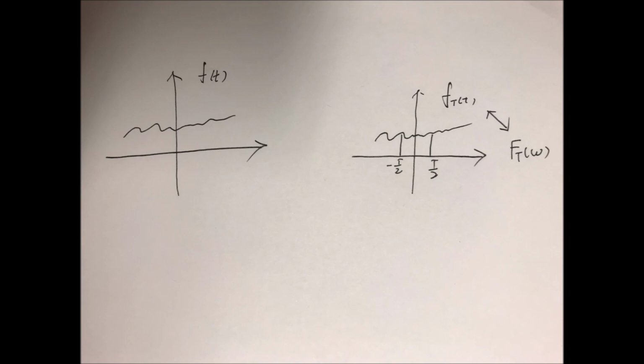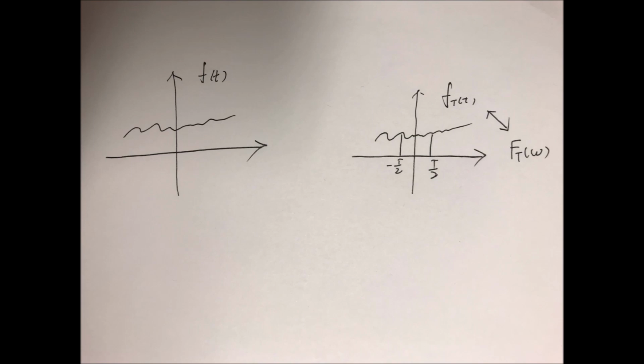From the table, the rectangular signal's Fourier transform is sinc. This is a pair we know, so we just use it. Now, signal times complex exponential: we use the frequency shift property.